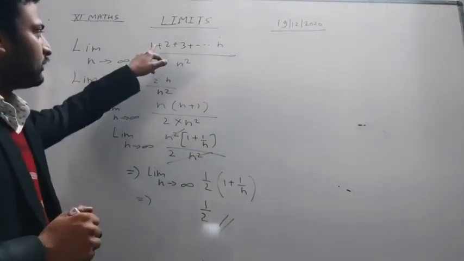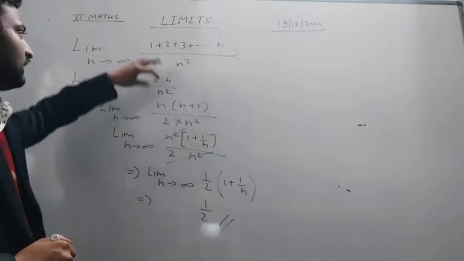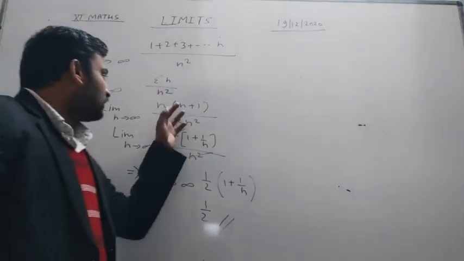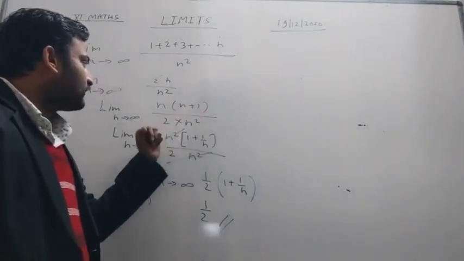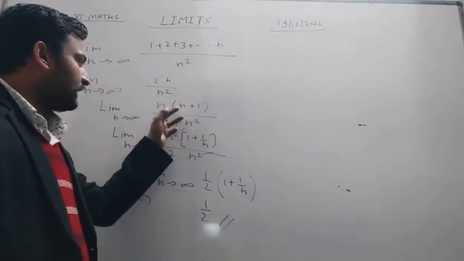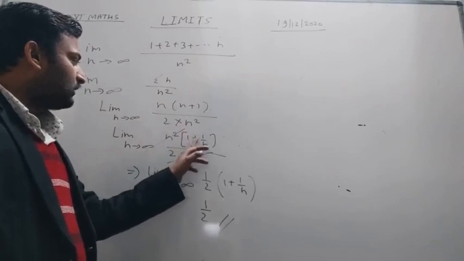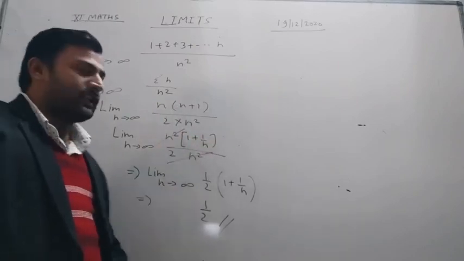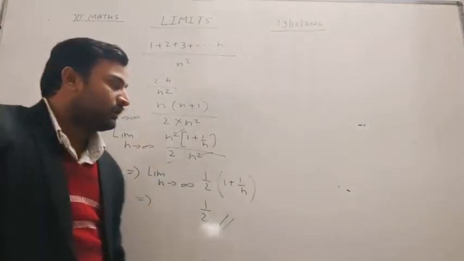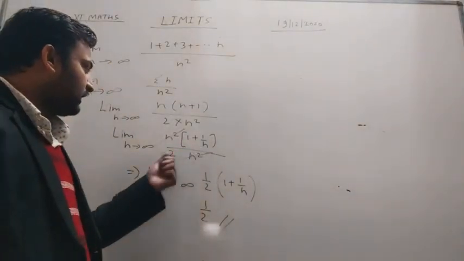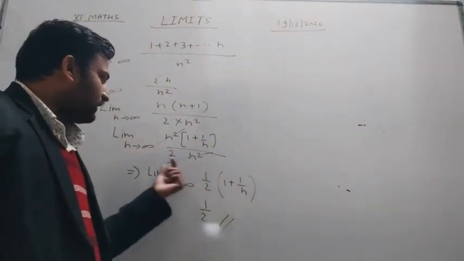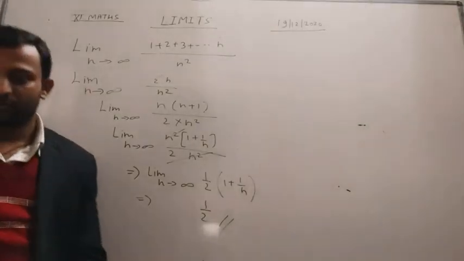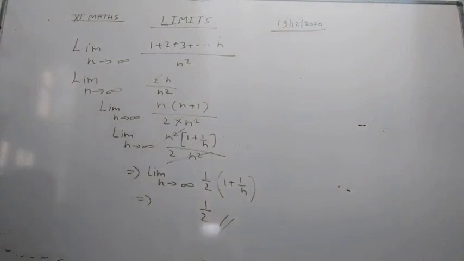In this question, this is the value of summation n, and summation n we know is n into n plus 1 by 2. So take n outside, we get n square into 1 plus 1 by n, and this n square will reduce from here. We get 1 plus 1 by n by 2, and 1 by 2 is here. We put the limit and get our result, which is 1 by 2. I hope you understand, students.